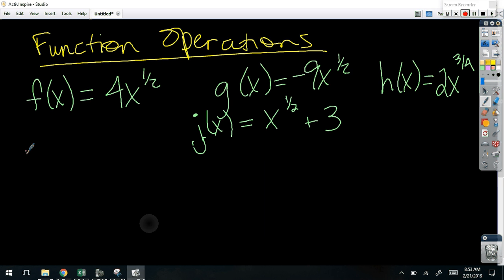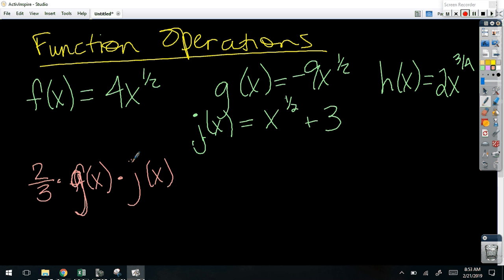Let's say I had, in fact, let's do 2/3 times f of x. What did I use on the last one? H of x and F of x. Then let's make this one G times, and we'll do J again.